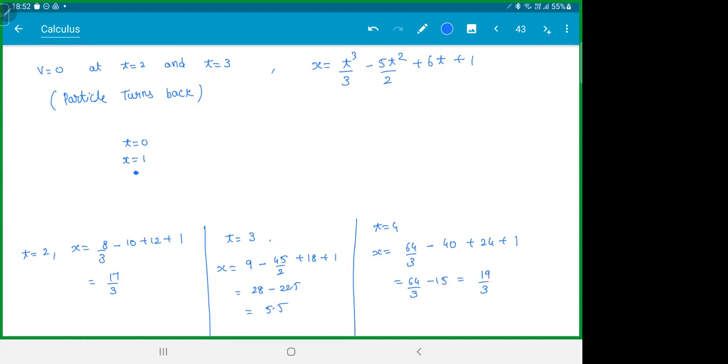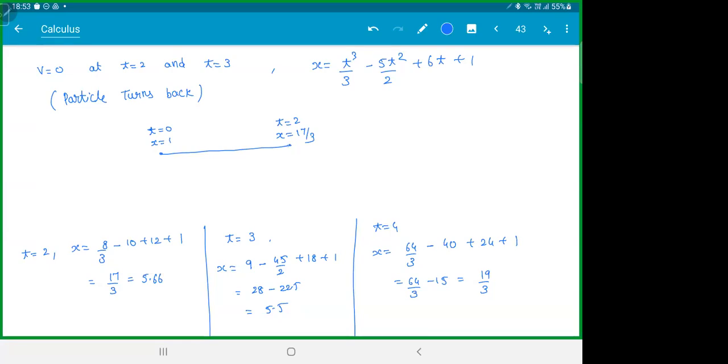Perfect. So this is what is happening. At t is 0, you're at x is equal to 1. Then you have gone straight. At t is equal to 2, you're at x is equal to 17 by 3, which is 5.66, isn't it?